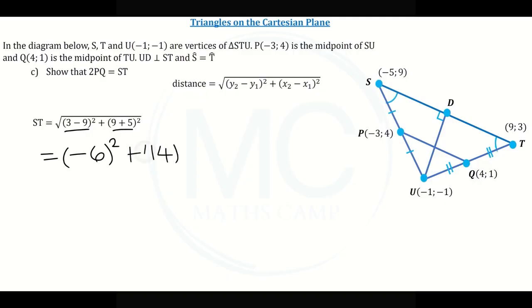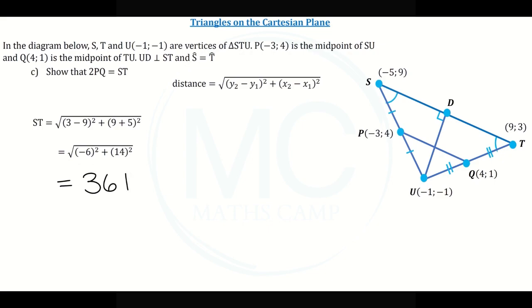Put this into a bracket, squared, all under a square root. Negative 6 squared is 36, plus 14 squared is 196. Put this under a square root. Finally, 36 plus 196 gives us the square root of 232.